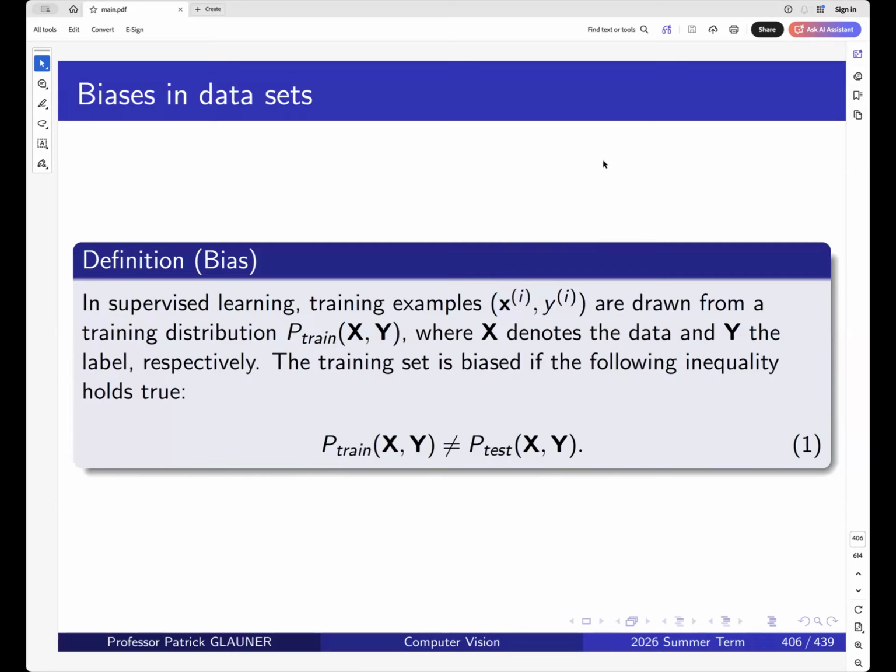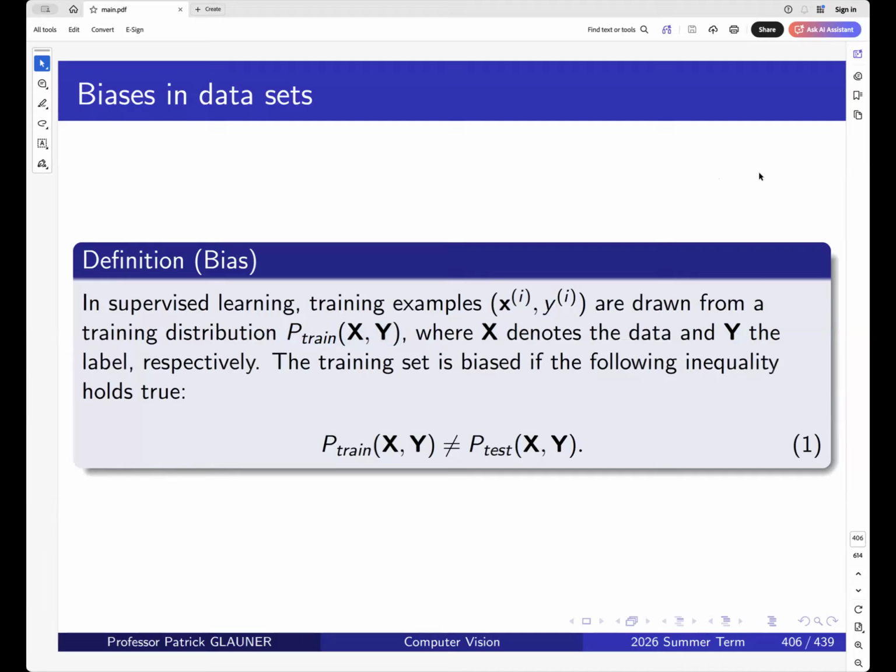So I have input x^i and the label y^i, and the label is just one label, that's why it's not in bold. We draw our training examples from a training distribution for X and Y, where capital bold X denotes the data and a bold capital Y denotes the labels.